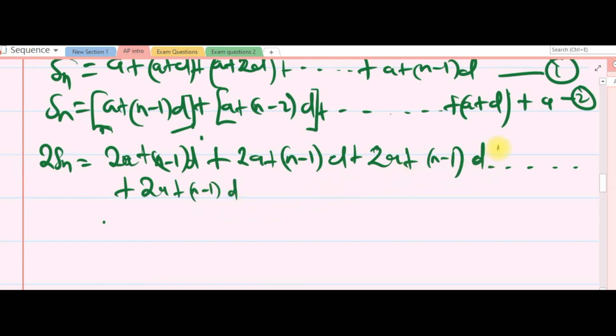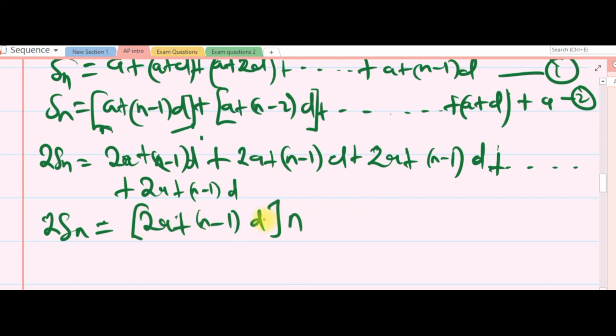So what we have to do now is, remember n. Imagine if you are given, for example, x plus x plus x is 3x. So since it is n terms, we now have that 2Sn will be 2a plus (n minus 1)d times n, because we are adding n terms.